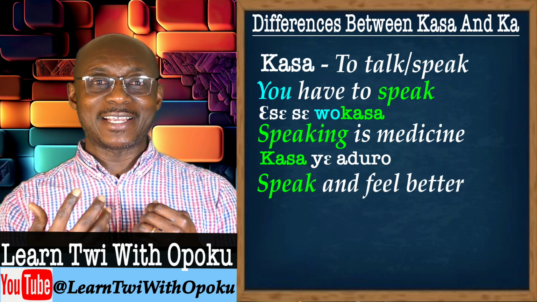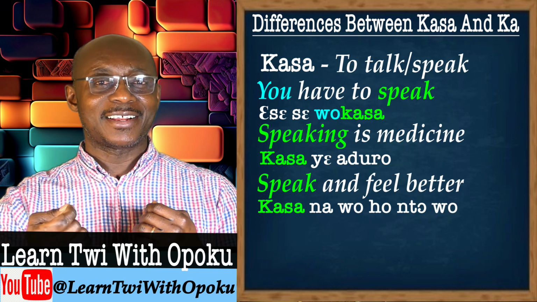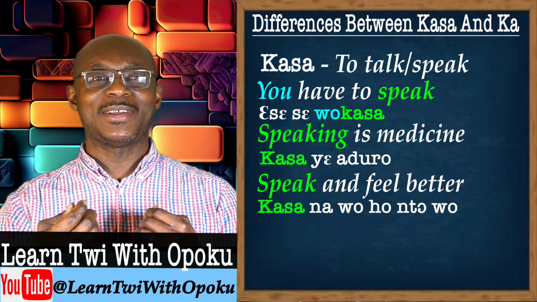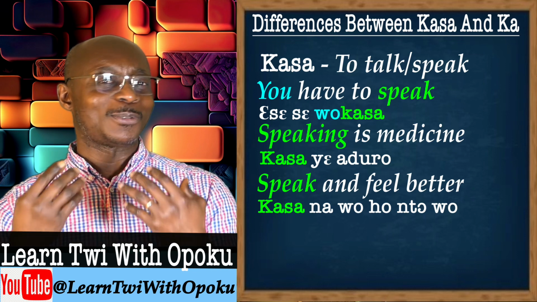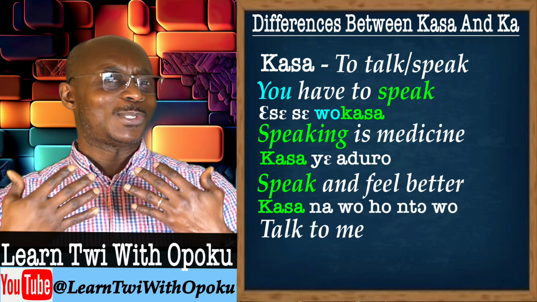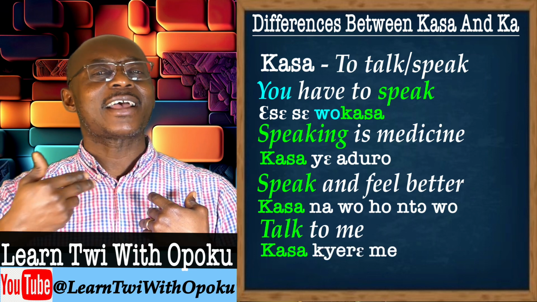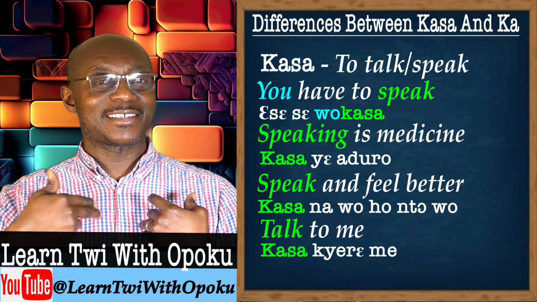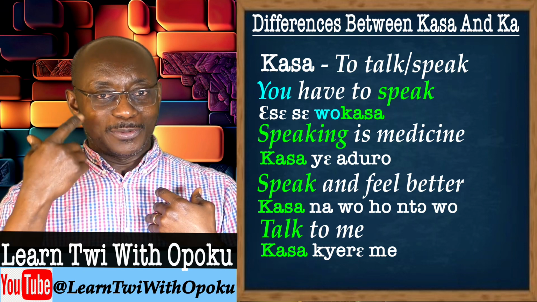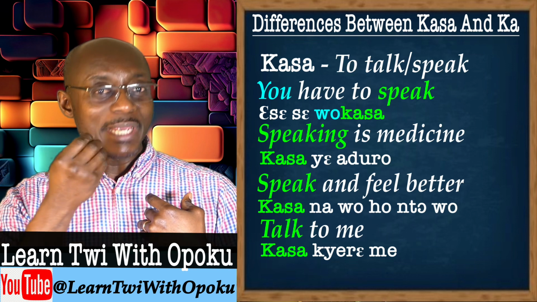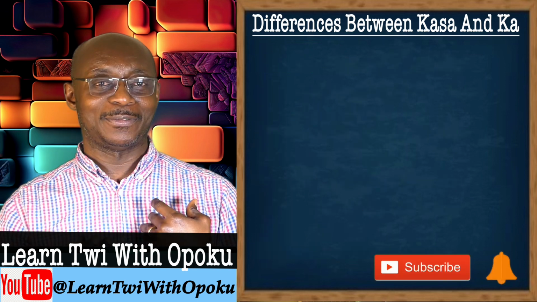In Twi, I will say, Kasa na wo ho ntɔ. What about talk to me? I will say, Kasa kyerɛ me. As you can see from the examples, kasa means to speak or to talk.